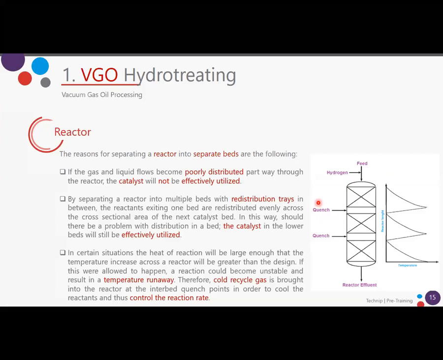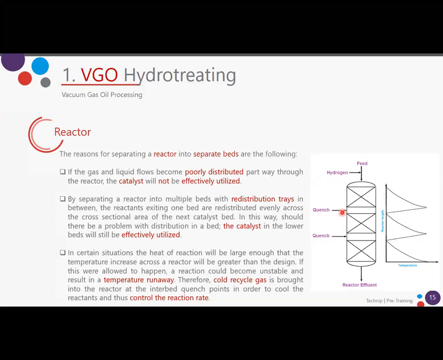So the idea of this quench is to cool the outlet of this bed with this same hydrogen, but remember that we preheated this hydrogen before mixing with the feed. This quench will be the same hydrogen but without preheating, directly from the recycle compressor.